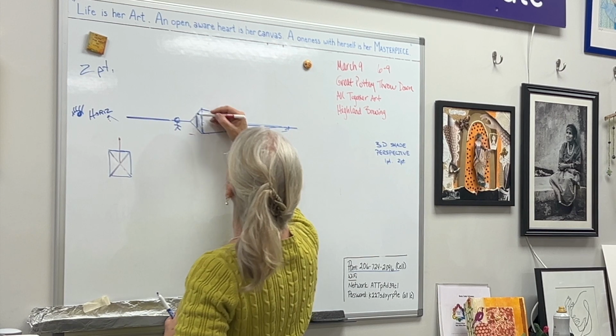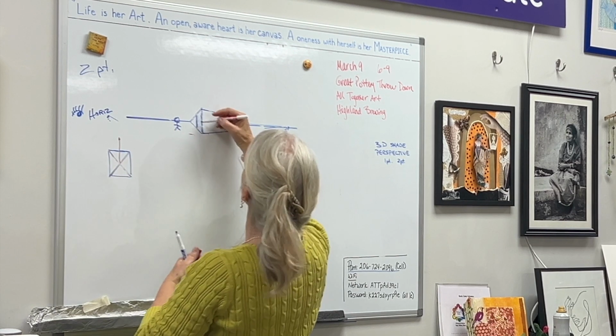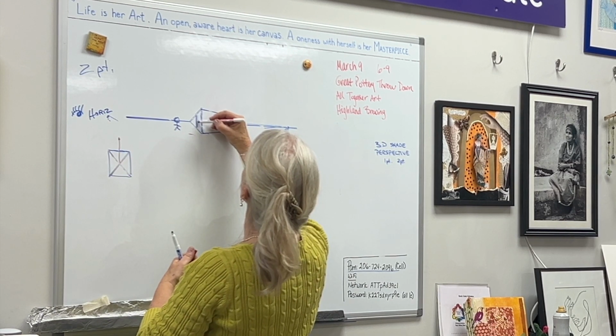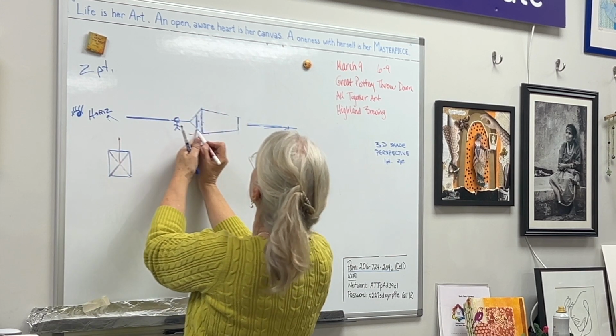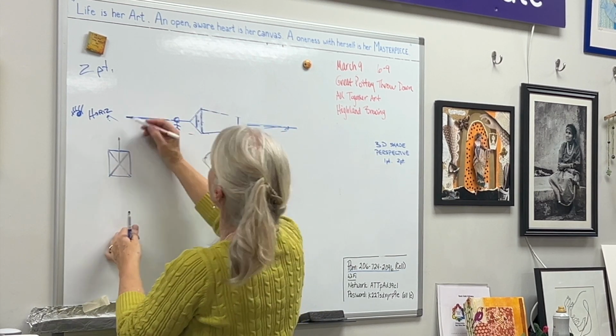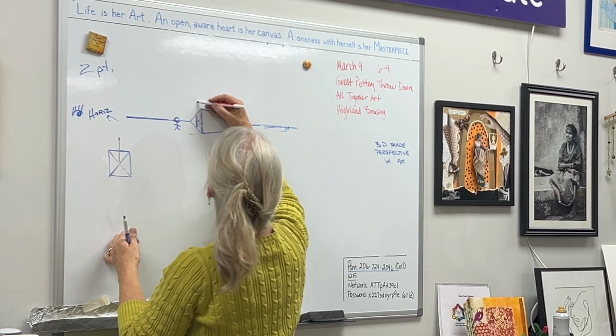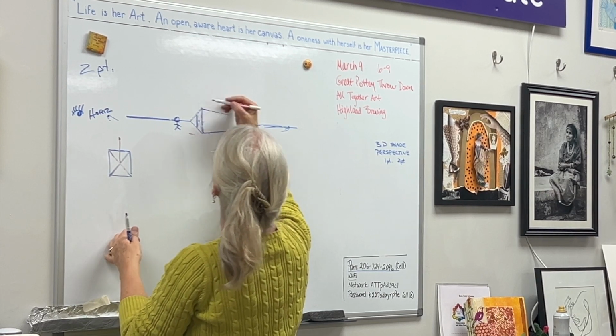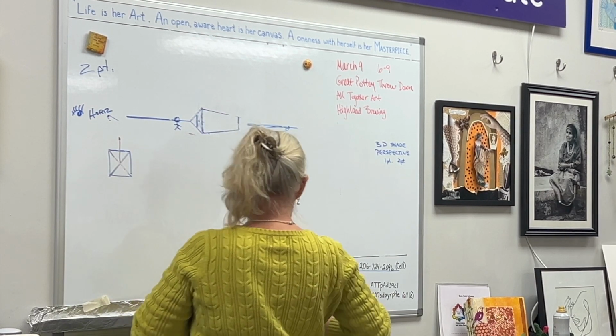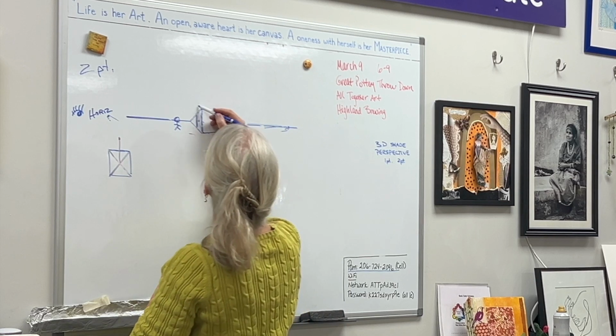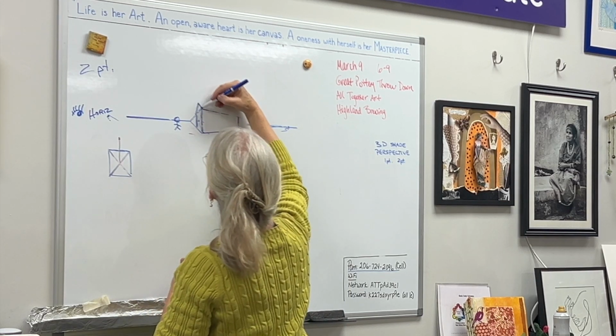By doing this dissecting, this X, you'll see it's a little closer to this line than to that line. Then you draw a straight line up, and that's going to give you where the peak of the roof is.